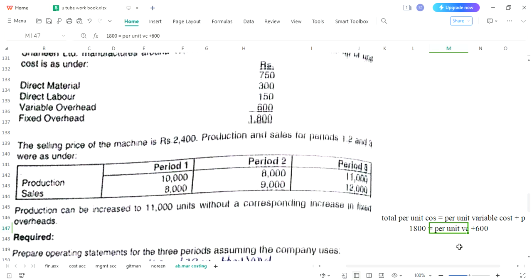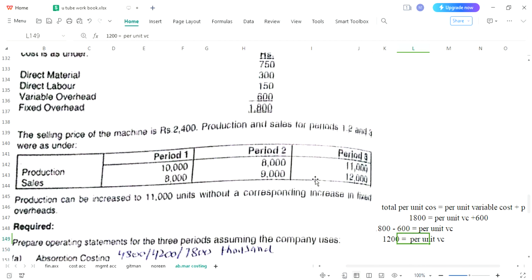You want to take it to the left side. 1800 is already present on the left side, and when you take this 600 to the opposite side, it would be subtracted, and what would be left on the right side? Per unit variable cost. 1800 minus 600, it means 1200 would be considered as per unit variable cost.